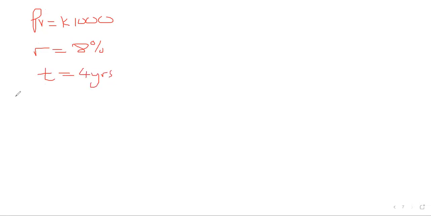So suppose we're told that you started with an amount of 1,000 kwacha at an interest rate of 8% for a period of 4 years. You're asked, part A, find the future value if it's compounded annually.